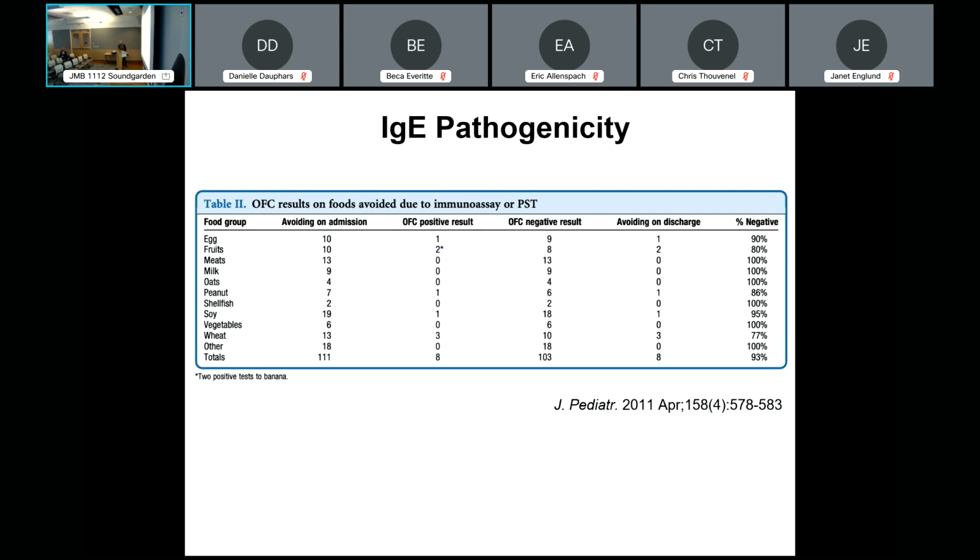So another question my lab is very interested in is what makes IgE pathogenic or not. This is a fairly old report, but what it illustrates is that all of these patients were presumed to be allergic to a particular food. I think everyone here knows, to diagnose food allergy, somebody would be experiencing fairly general symptoms.